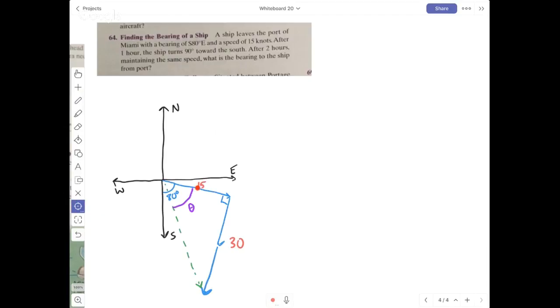So what's this angle theta? Right triangle, there's an opposite 30, there's adjacent 15.